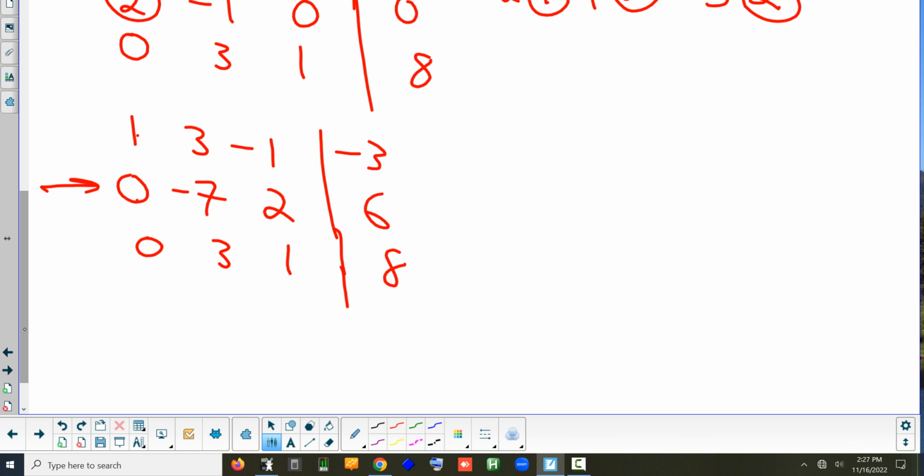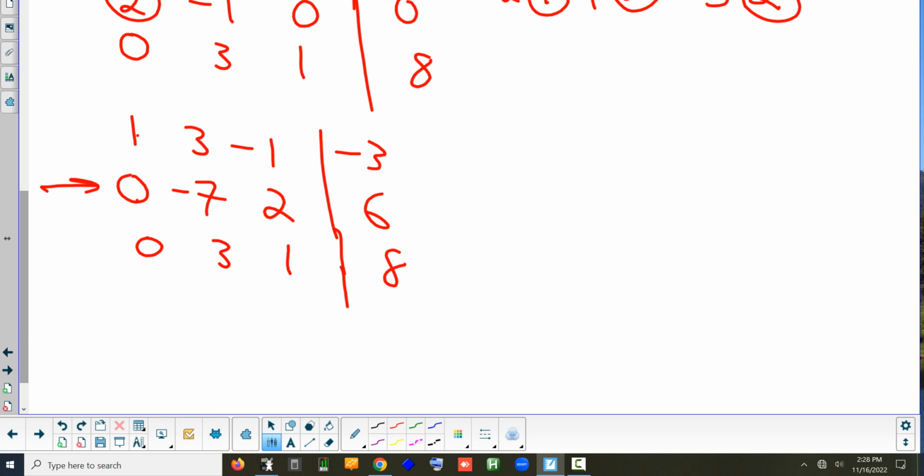Yeah? 2. You could double this row and add it to that row, and it's going to make that number a lot closer to being a 1. It's going to make it a -1, but that's easy. Right? That's how I would do it. If you don't like that way, multiply by -1/7, but then you're going to have fractions. I would rather avoid the fractions.